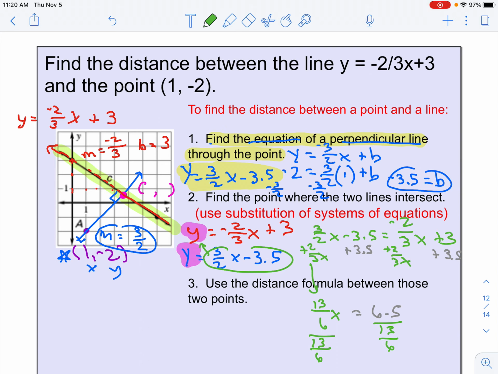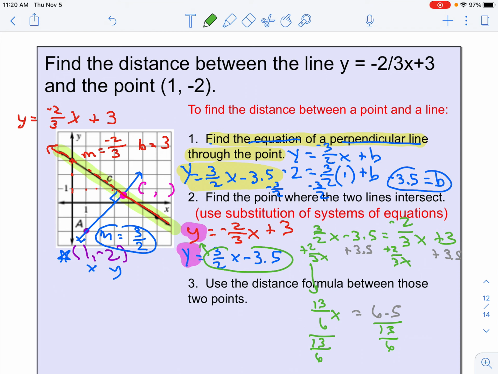So I'm going to take 6.5 and divide it by 13/6, and that gives me 14.08. So I can go ahead and use that value, which gives me... I'm just double checking.